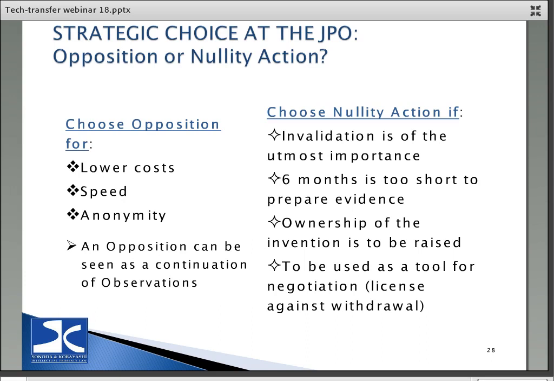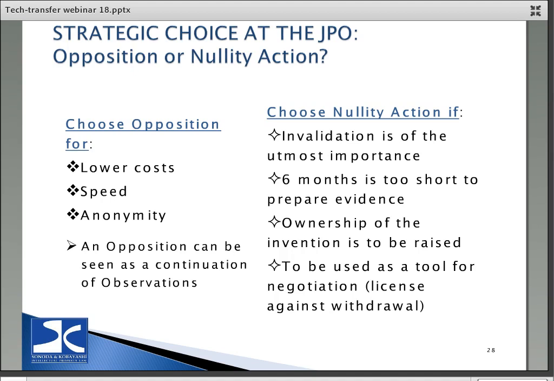In contrast, you should go to nullity action if the invalidation of the patent is of utmost importance, or 6 months is too short, or you have to raise a question about ownership of the invention, or if you are going to use this tool as a tool for negotiation for license.